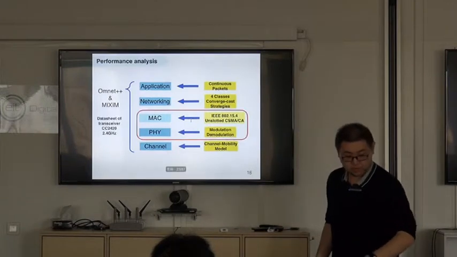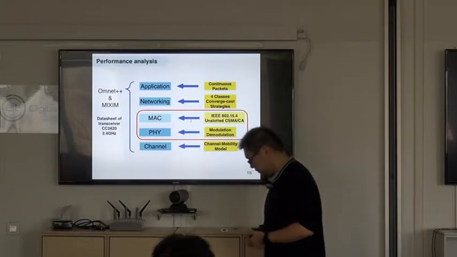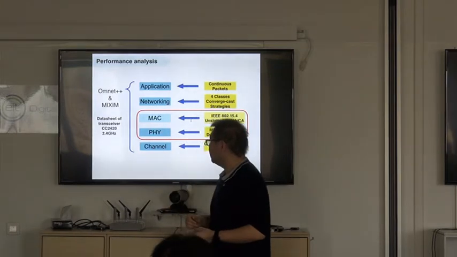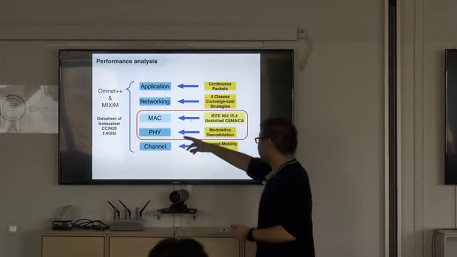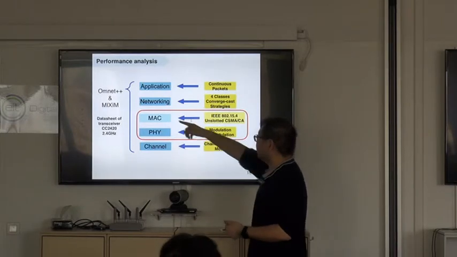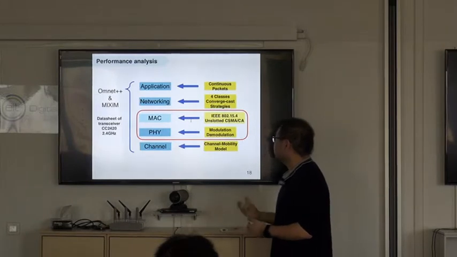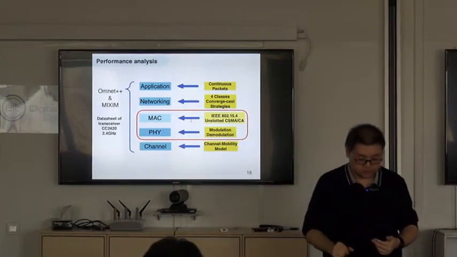For the MAC layer and the physical layer, we use the dataset of the real transceiver CC2420, working at 2.4 gigahertz, and we implement the same parameters given by the datasheet into our MAC layer and physical layer.